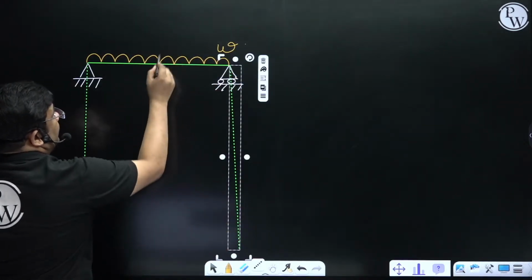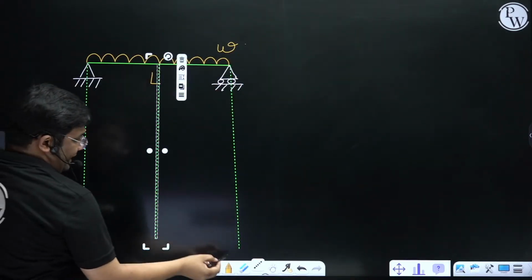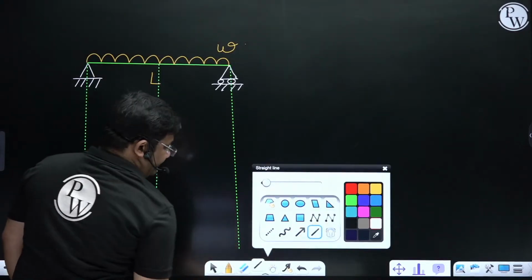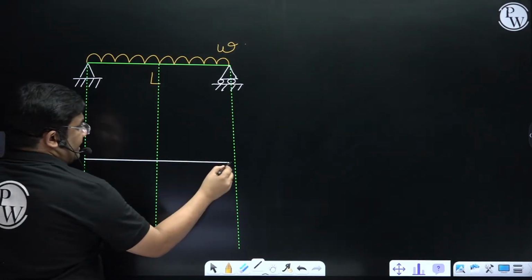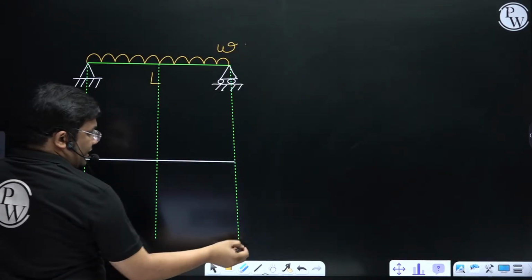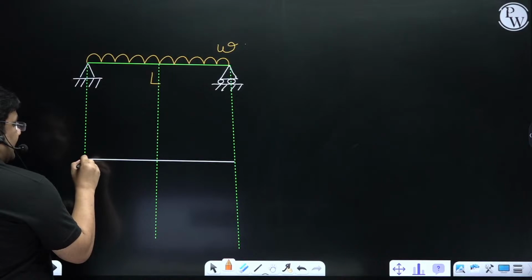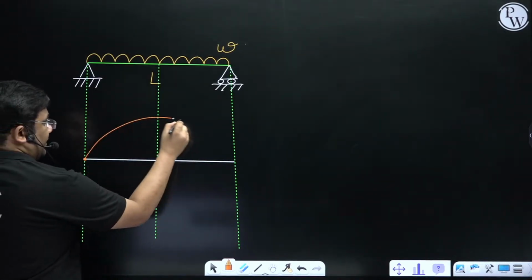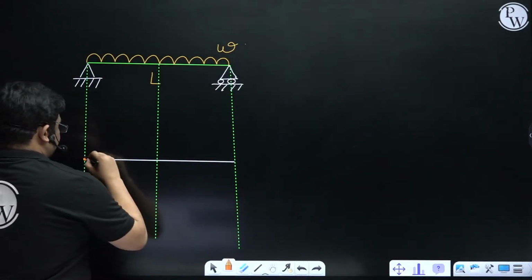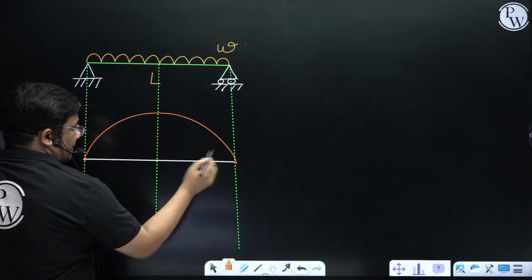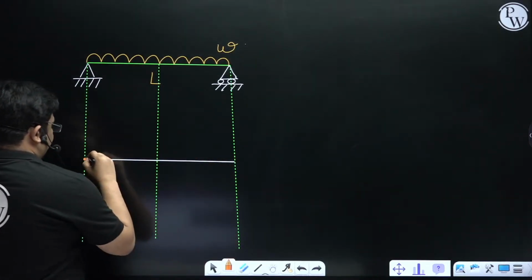If I draw the bending moment diagram, it is something like this. At the support you will get 0, and then it is parabolic in shape.